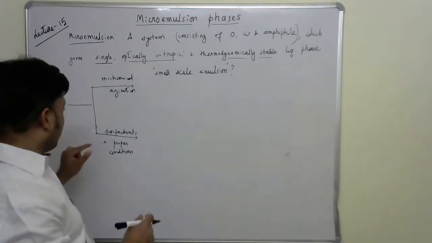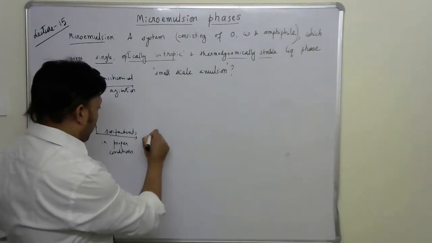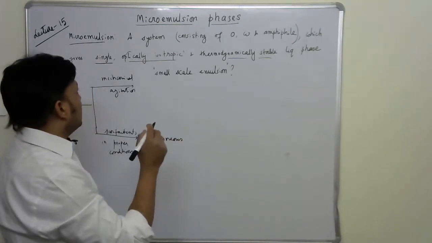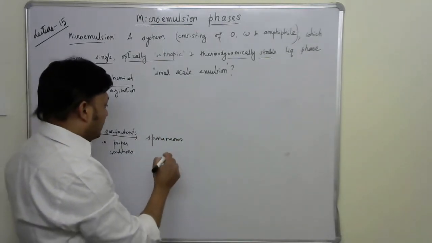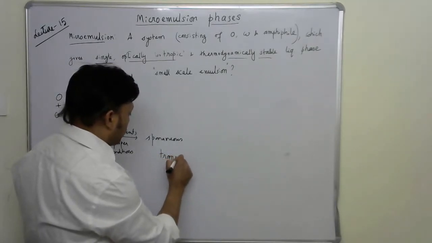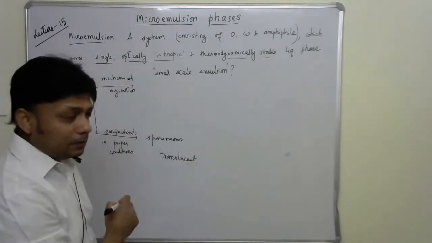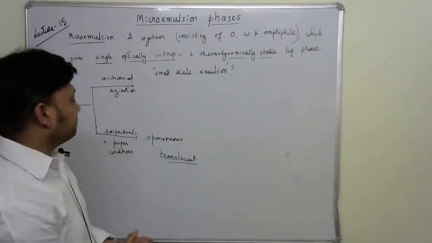When we add surfactants, we form a spontaneous single optically isotropic phase, and this phase is also found to be optically translucent. That means it appears very clear.